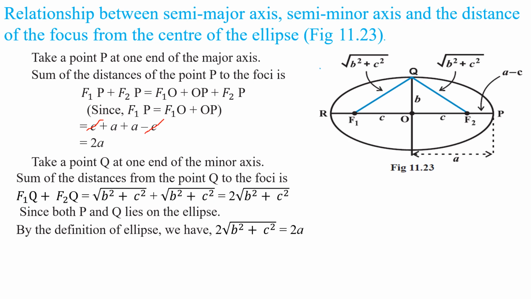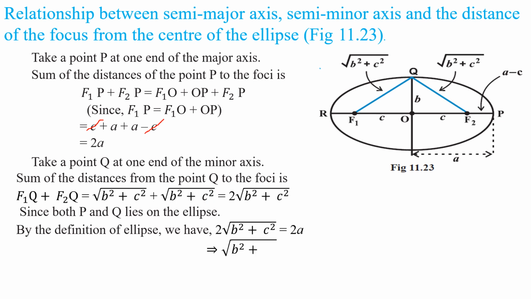We have equated these two quantities, because this is the sum of the distances of the point P from the foci, and this is also the sum of the distances of the point Q from the foci. Both denote the same, children. So these two quantities are equal. Understood this statement, children?